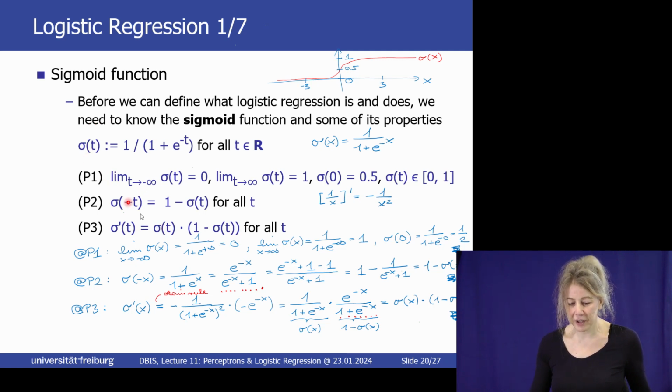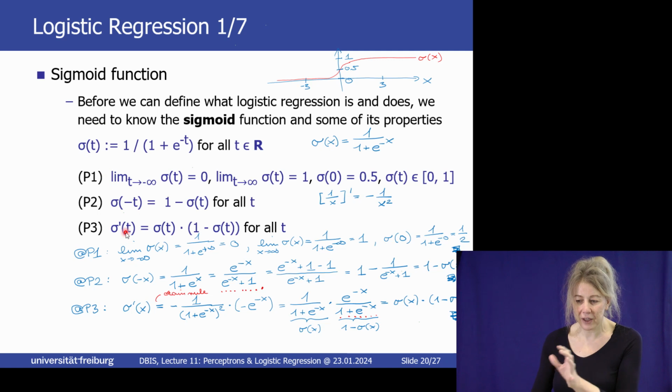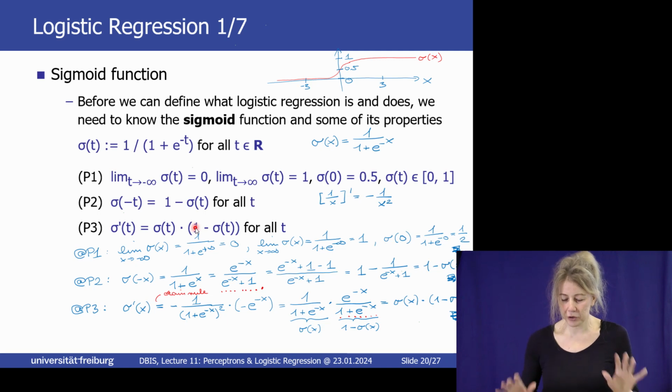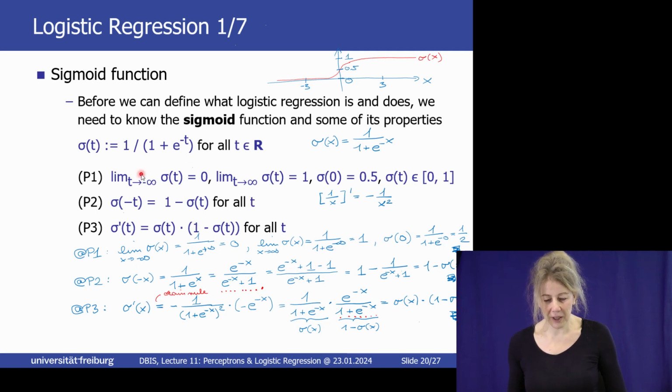That's the nice thing about this. I could just also write what the actual thing is, like here, but I can express it in terms of the original function. Okay, this was the warming up, the 3 central properties of the sigmoid function.